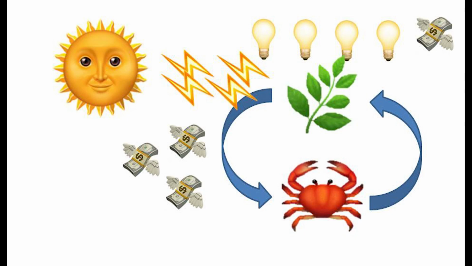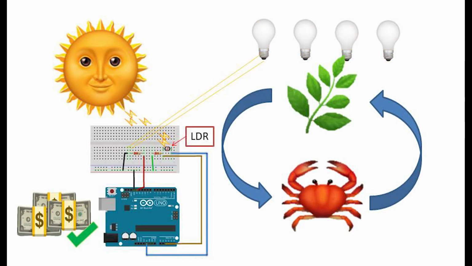However, we do not want to turn on the LEDs during daytime, as sunlight will shine into the room through the windows of the aquaponics crab room. If we turn on the LED lights at the same time, we will be wasting electricity and therefore wasting money.